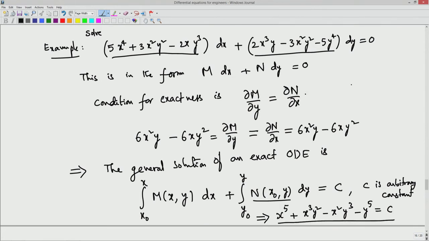So x^5 + x^3y^2 - x^2y^3 - y^5 = c is the general solution of the given differential equation, where c is an arbitrary constant.